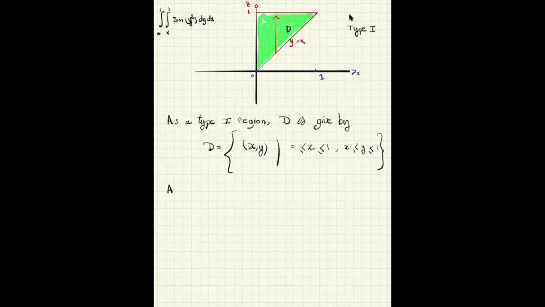So as a type 2 region, D is given by all the elements x, y in the plane such that, so what?